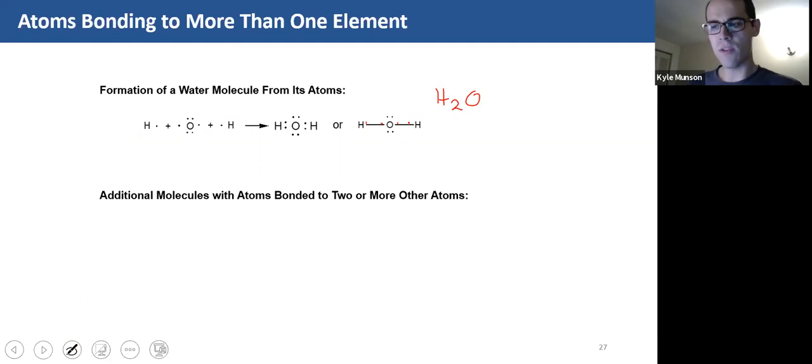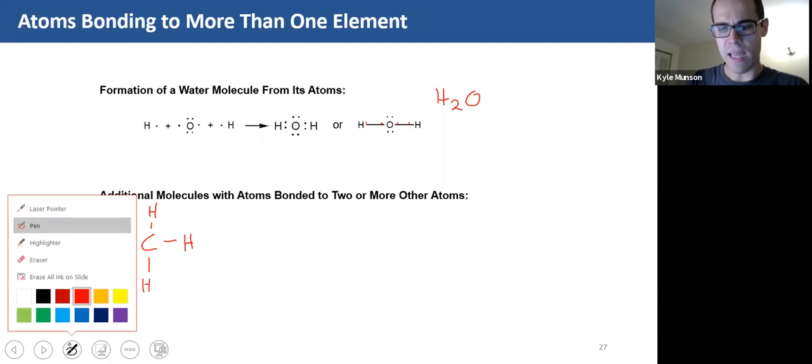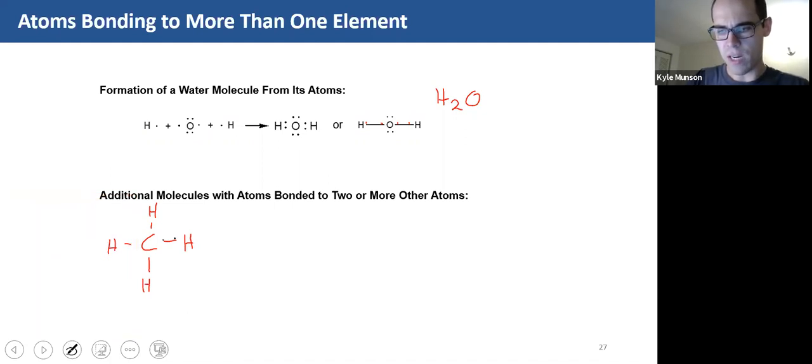So additional molecules with atoms bonded to two or more atoms, well, you might have something like methane, where you have carbon bonded to 4 hydrogens, where each one of these lines, again, represents shared electrons between them.